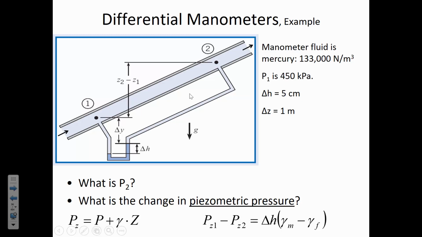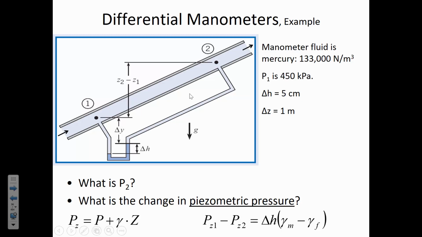I can say P2 is P1 plus delta H times gamma of water, minus delta H times gamma of mercury, minus delta Z times gamma of water. One, two, three, yep. There were three change terms in addition to the known pressure at 1.